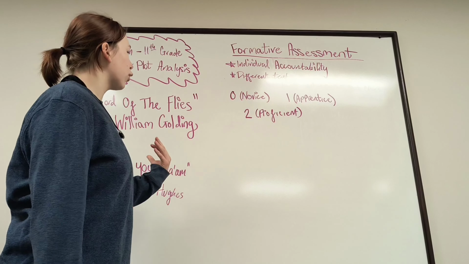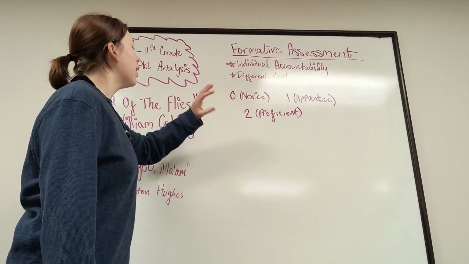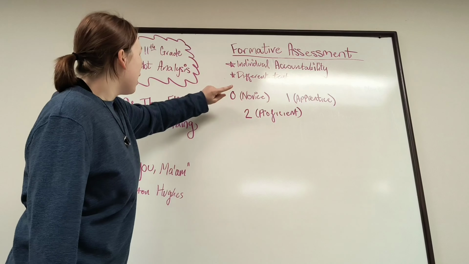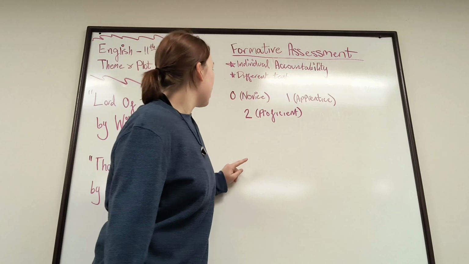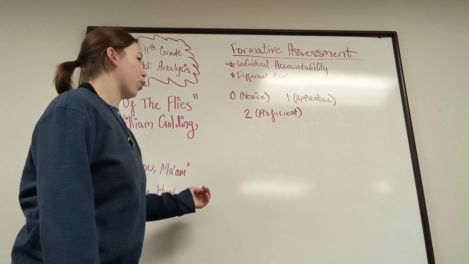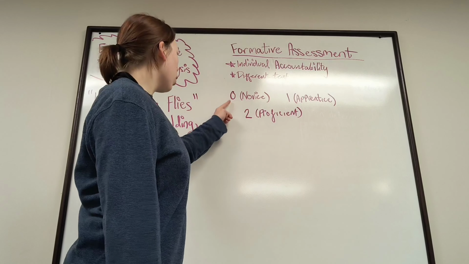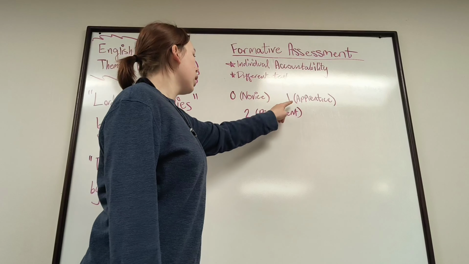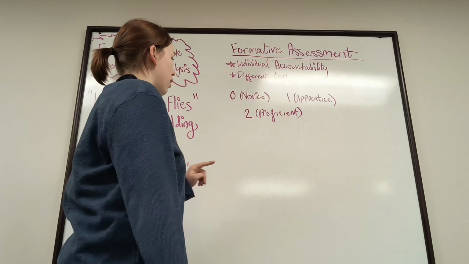So students will perform one of three ways according to the rubric on the formative assessment. They may get a 0, which is a novice, a 1, apprentice, or a 2, proficient.